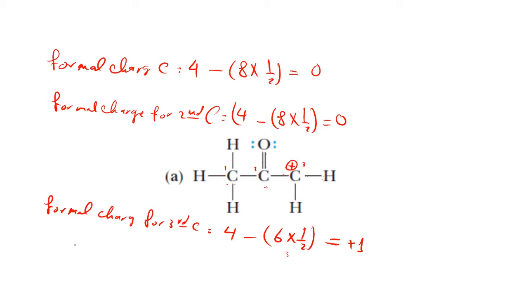If I try for oxygen, the last one, the formal charge for the oxygen is equal to the valence electrons of oxygen, which is 6. The number of unshared electrons is 4, and the number of shared electrons is 1, 2, 3, 4.